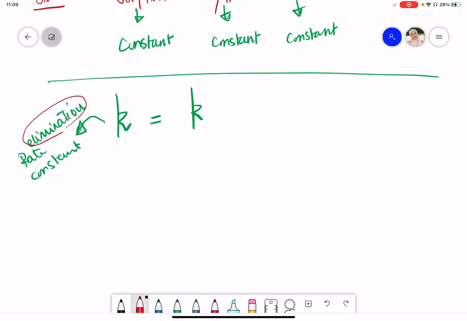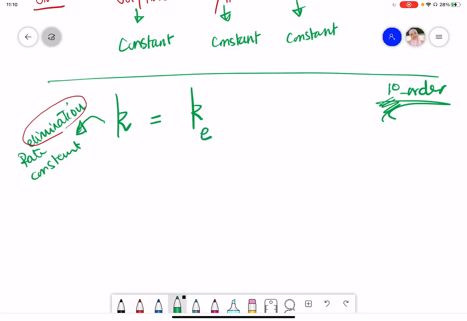I will keep repeating that we are still talking about first order kinetics, because when we don't have first order kinetics, we will have a different way of dealing with the kinetics. So the elimination rate constant is the sum of all the constants of the different processes, each of which is following first order.